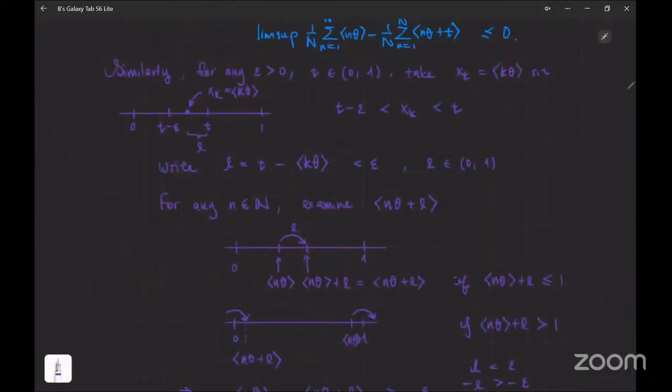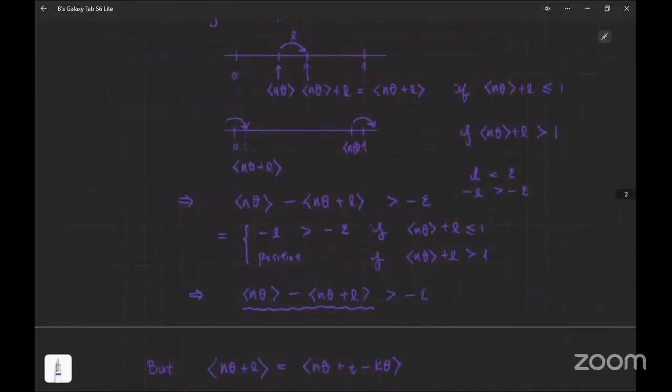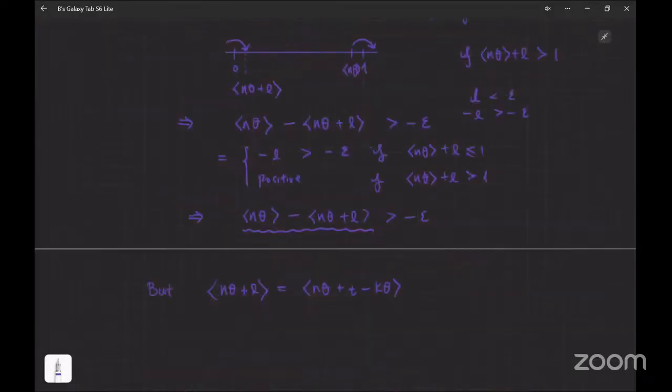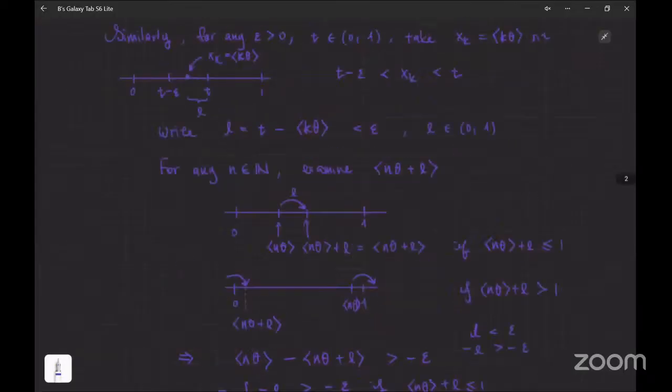So this is again n minus k quantity theta plus t. And is that right? Yeah, I guess so.